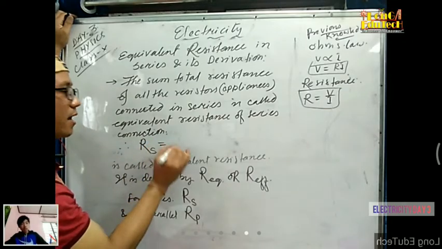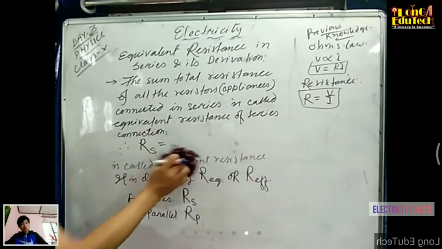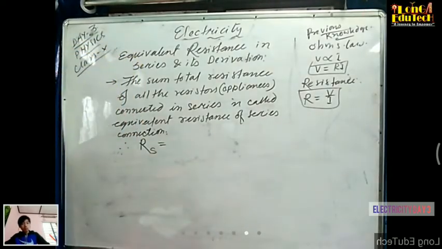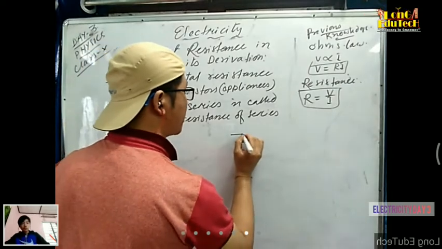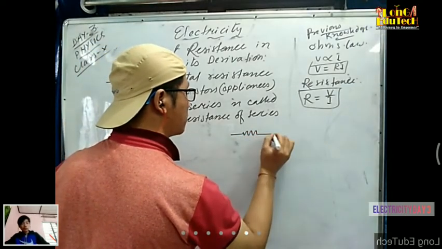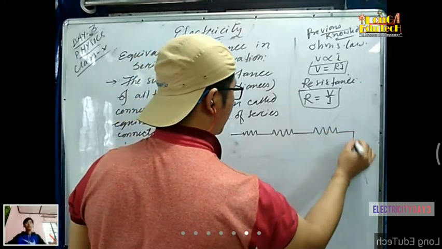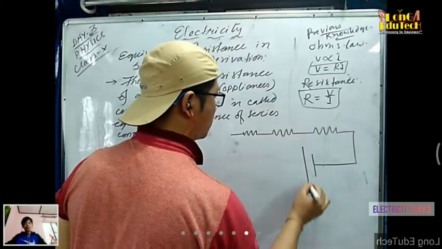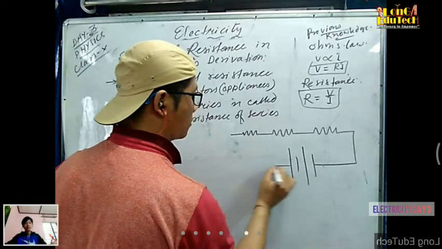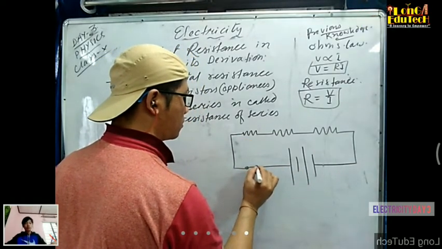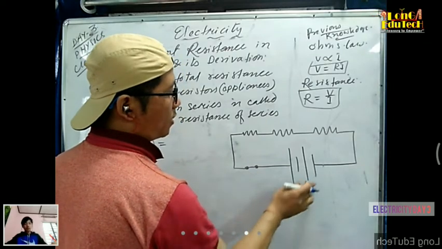इसमें क्या है, अकॉर्डिंग टू द डिफिनीशन ने सम टोटल बोला है. ओके, तो जस्ट डायग्राम इज नीडेड हियर. ओके, हम तीन रेजिस्टेंस को कनेक्ट कर देते हैं. ये की है, ये बैटरी है.